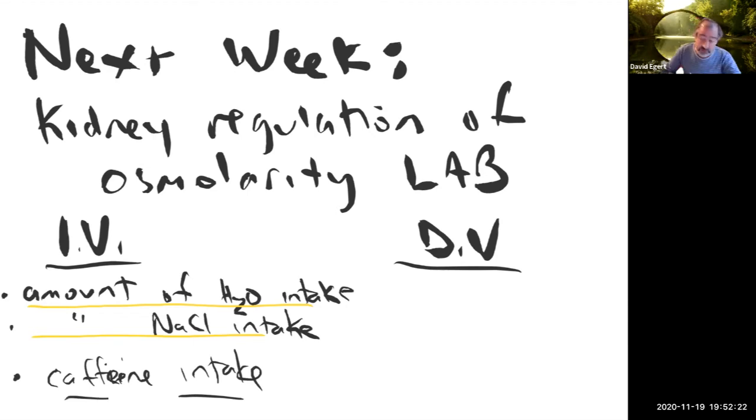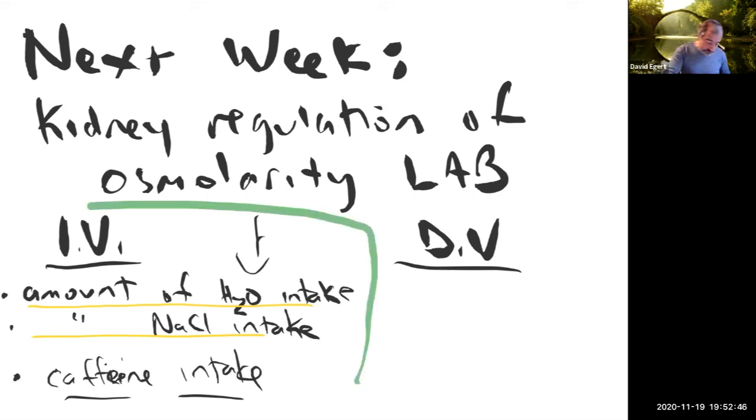This is going to be through a pill, because if they were drinking coffee, there's a confounding variable of them getting lots of water with their caffeine. So they're just going to pop a Vivarin or a NoDoz, so you're basically getting the pure caffeine. So these are our independent variables.